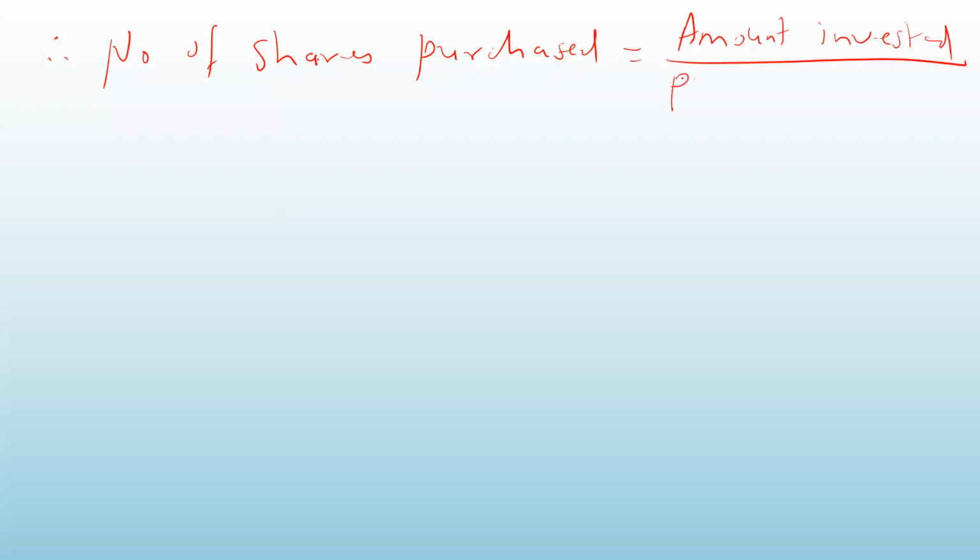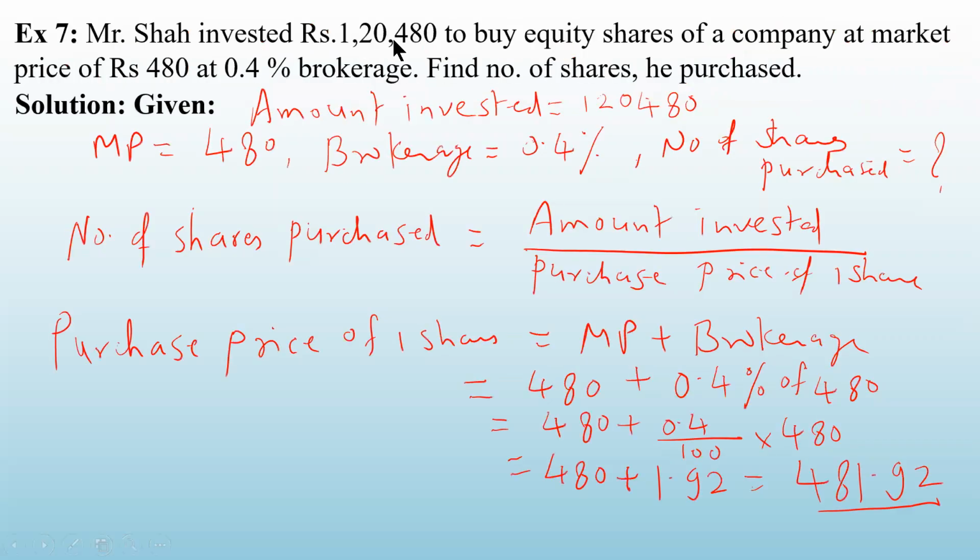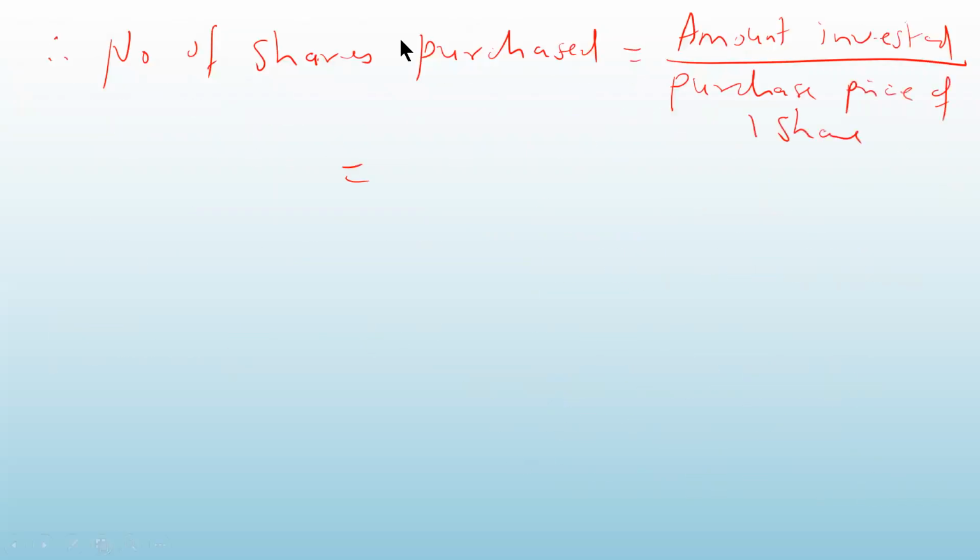Therefore, number of shares purchased is equal to amount invested divided by purchase price of one share. Now, amount invested is already given to you, 1,20,480.